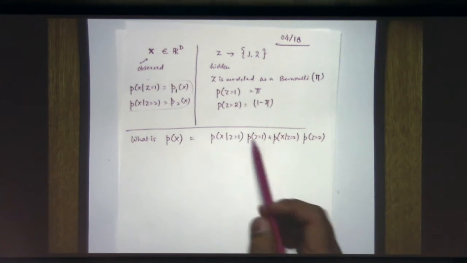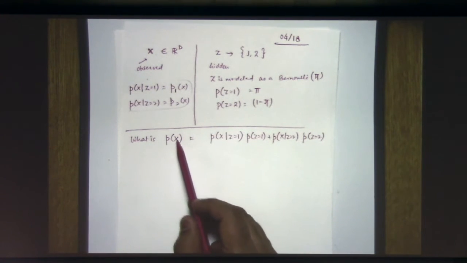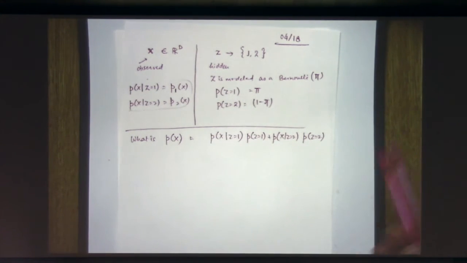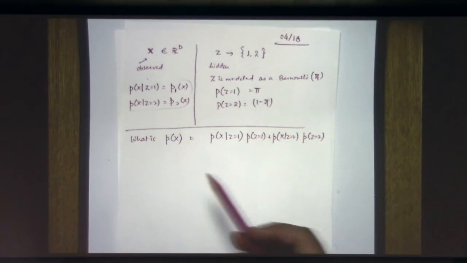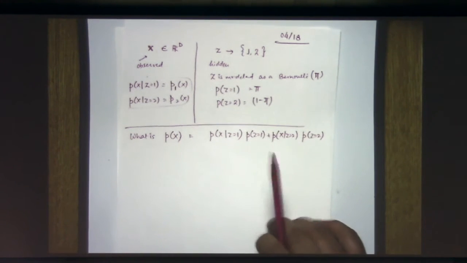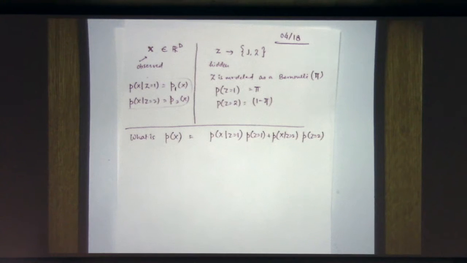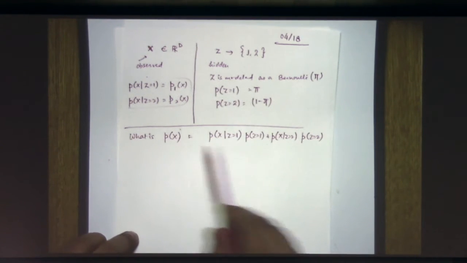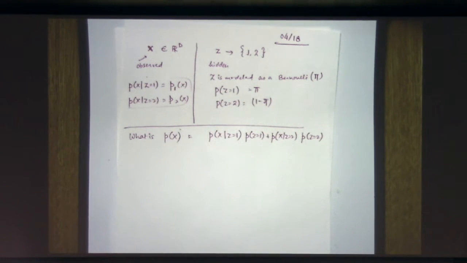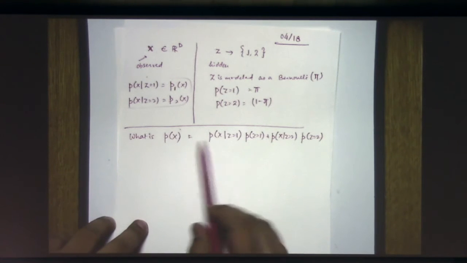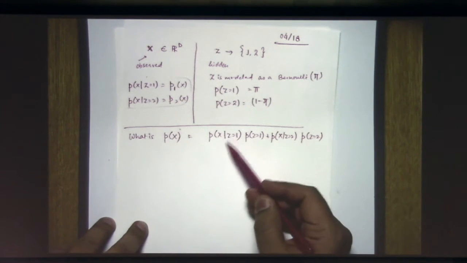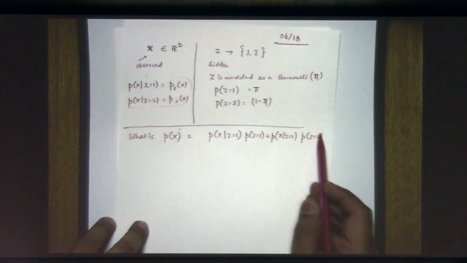Because you are essentially marginalizing out z with this. If you remember, when we were looking at probabilistic models, this used to be like the denominator, right? There we used to use a y, but the idea was similar, right?